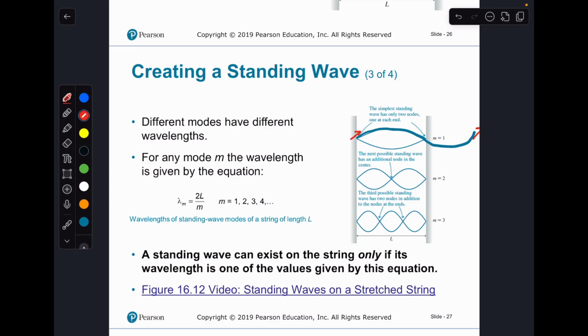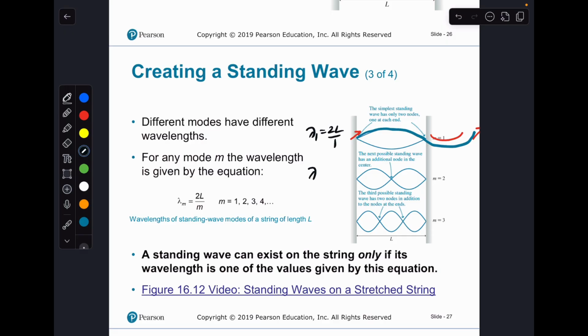And so when I take this bottom piece of the standing wave and I map it out here, you can see that that is one complete wavelength. And so you can see one complete wavelength for m equals 1 is 2L over 1, which is simply twice the length of the string.